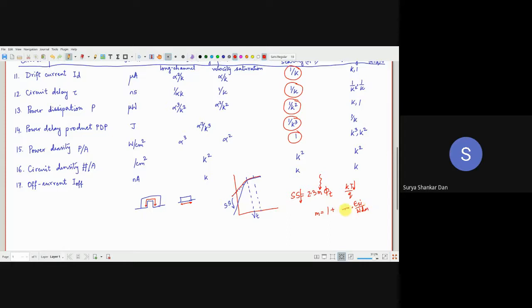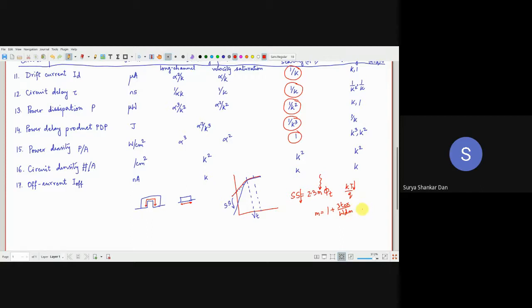Cox is equal to epsilon ox by tox. Epsilon si is 11.7, this is 3.9. Epsilon naught cancels. 3.9 is roughly 3. That itself is approximate. So you are finally left with 3 tox by WDM.